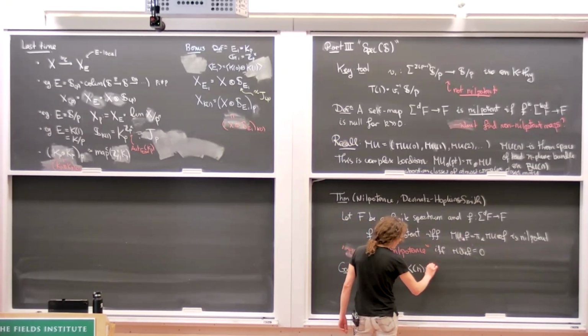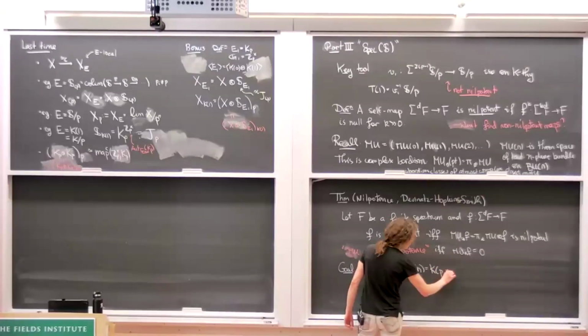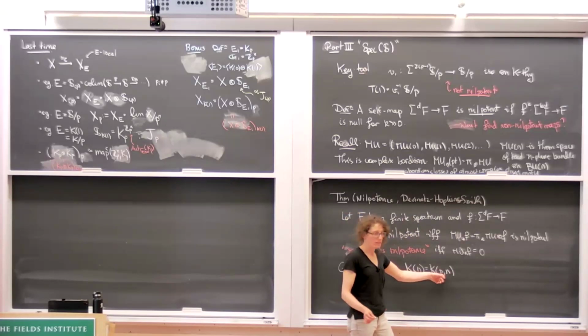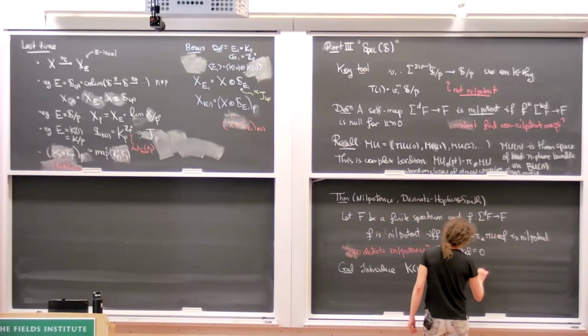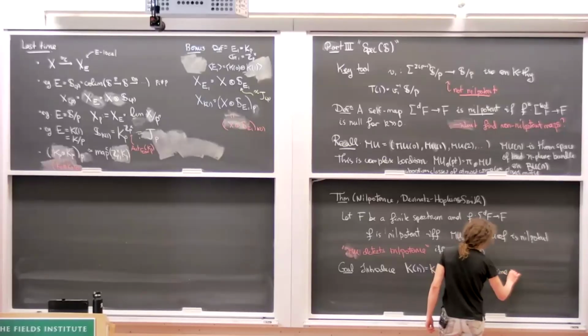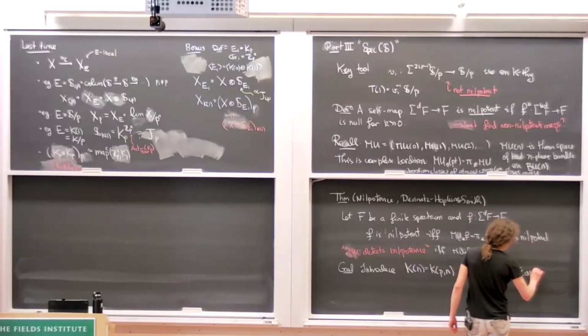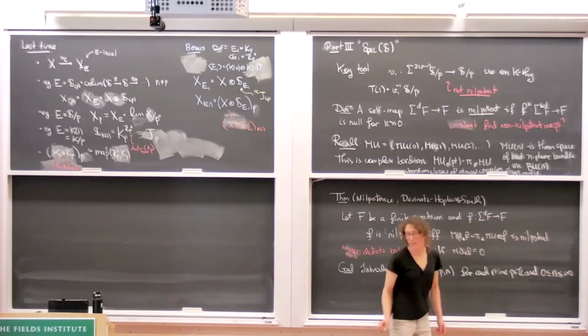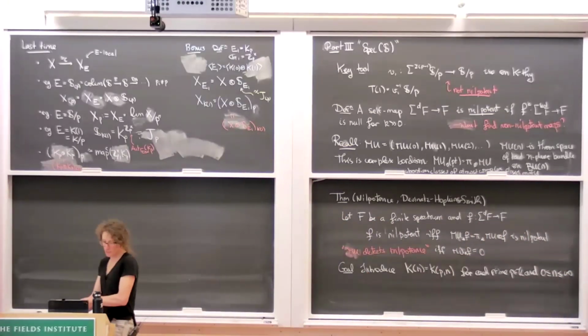So K(n), and we write K(n), but really there's a prime that's implicit, for each prime p, and 0 less than n less than infinity.